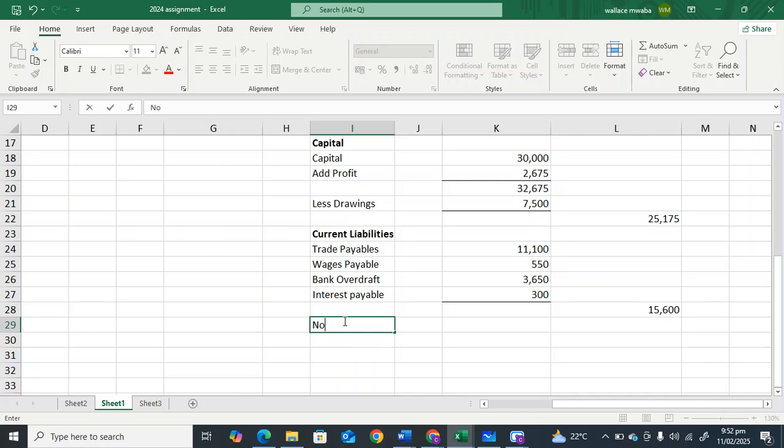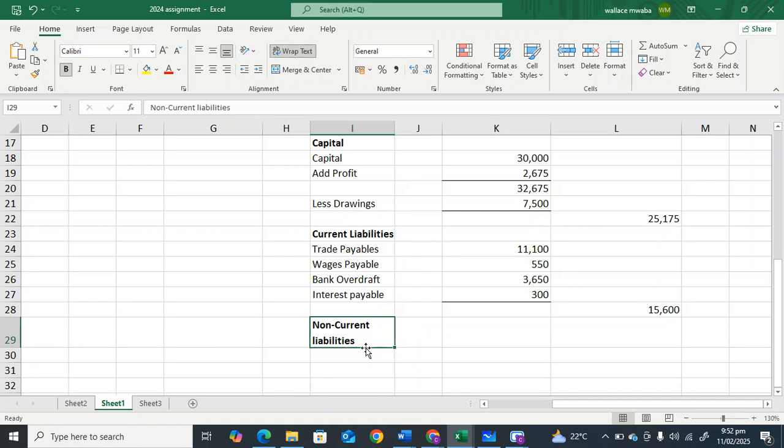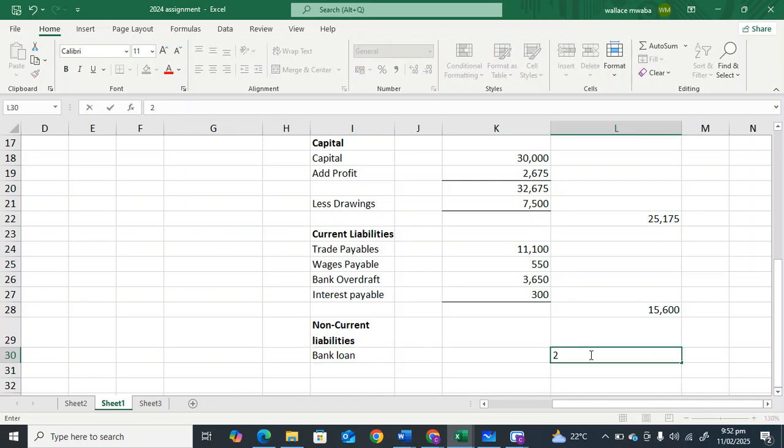Then finally, the non-current liabilities, the bank loan, 20,000.